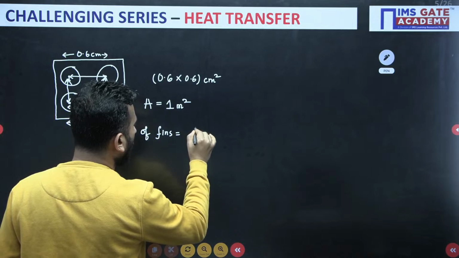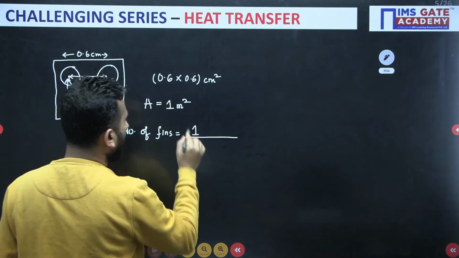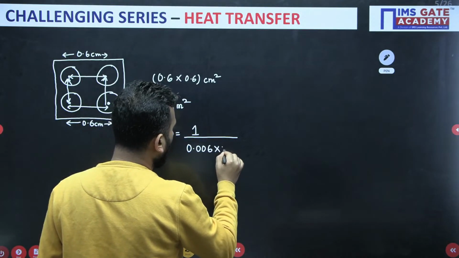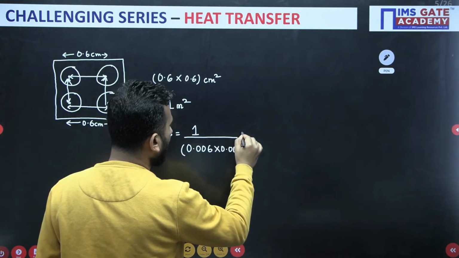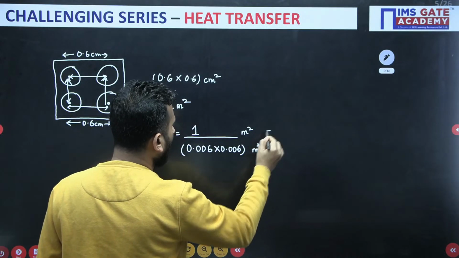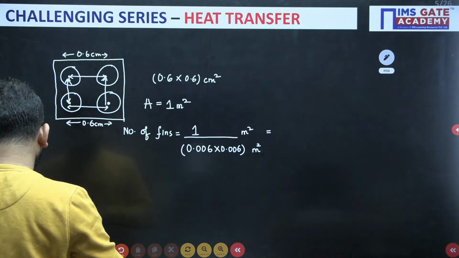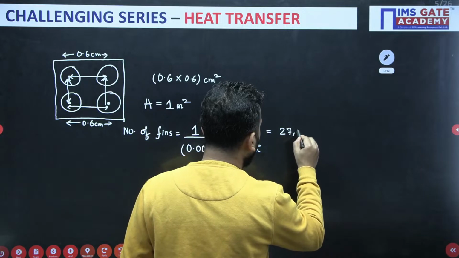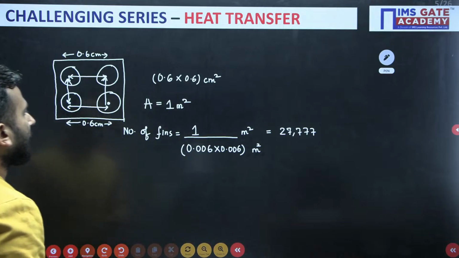That is equal to the total area 1 divided by the area in which 1 fin is present, 0.006 into 0.006, that is meter square and meter square. So this will come out to be this much number of fins.